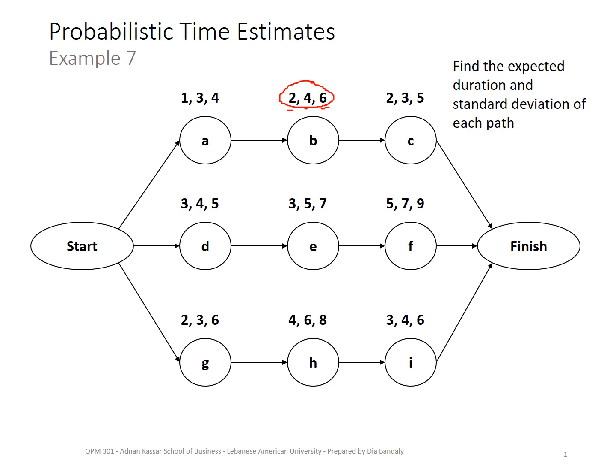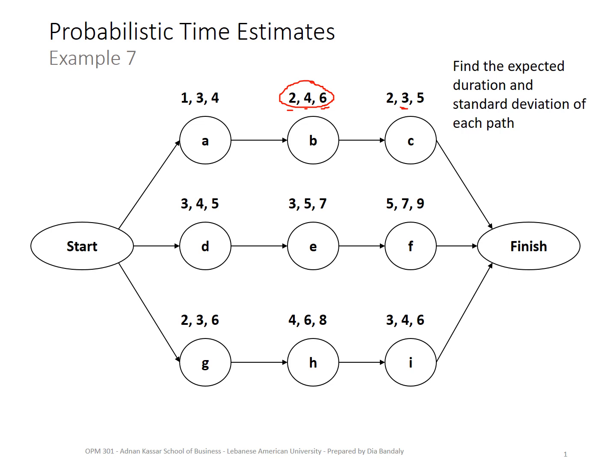And the most likely does not need to be equidistant between the optimistic and the pessimistic. For example, here the difference between 3 and 2 is not the same as between 3 and 5. So it's not the case. But what's always the case is that the most likely is the value between the pessimistic and the optimistic.